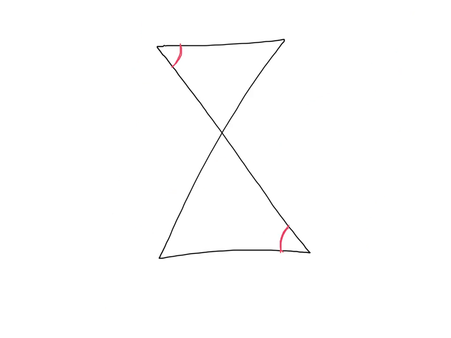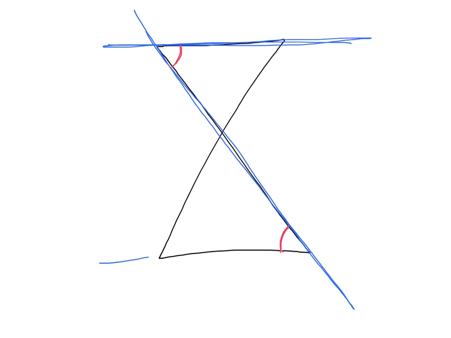Here we've got two triangles kind of connected at their points, and it doesn't look like we've got any parallel lines or transversals. But can you spot the hidden parallel lines? Well, let's say we extended this line out here. Let's extend these two lines here.